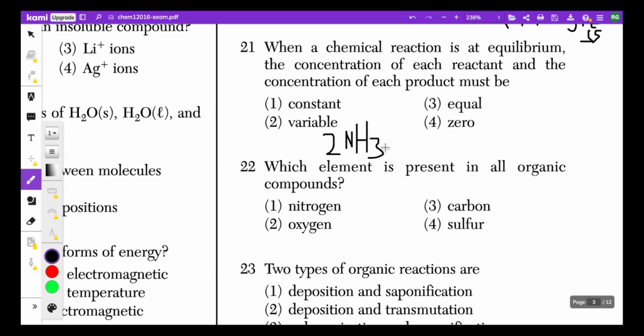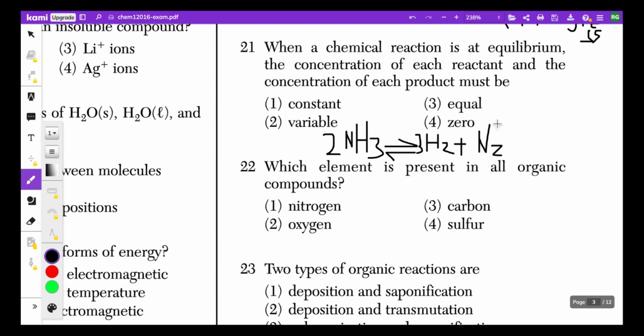All right. And this creates H2 and N2. So ammonia can decompose to form hydrogen gas and nitrogen gas. But hydrogen gas and nitrogen gas can recombine to form ammonia.